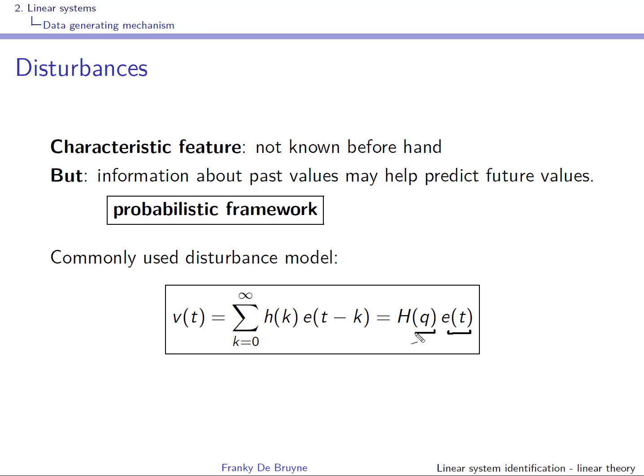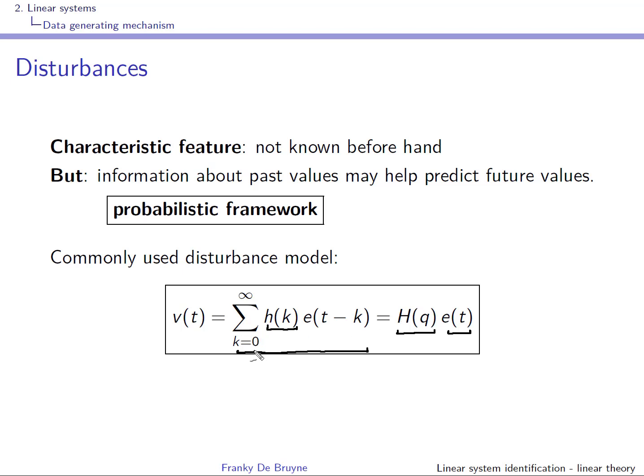So this will be the noise model, and this relation here between e and v in terms of a transfer function can also of course be written similarly as for the input-output relation in terms of a convolution sum. Here h of k is the impulse response associated to the noise model.